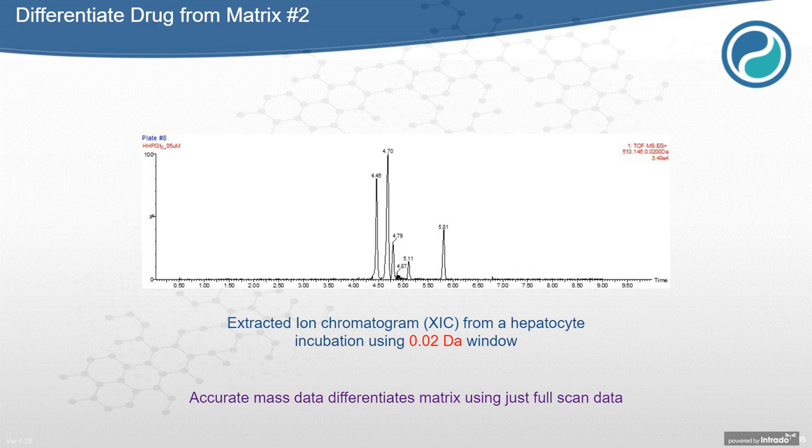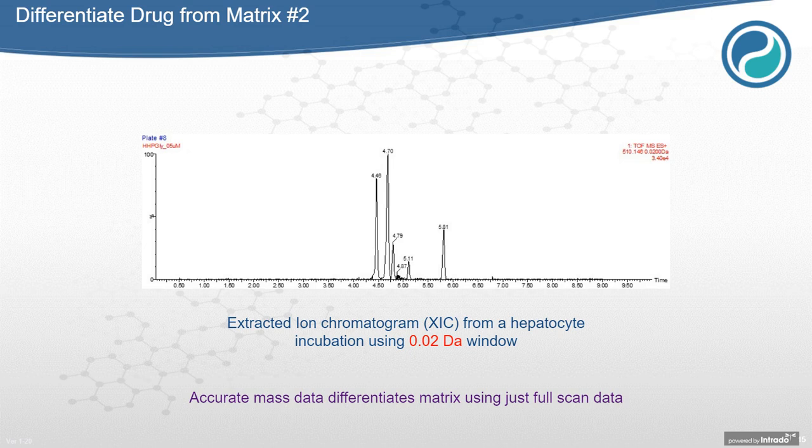This is the same data where we're using a 20 millidalton window, which is what we typically use when we're extracting ion chromatograms from high-resolution data. And you can see that there are 5 oxidative metabolites, just based on the mass of the parent. We have been able to eliminate all of the interferences simply using the accurate mass data.